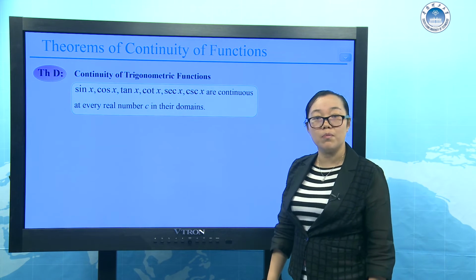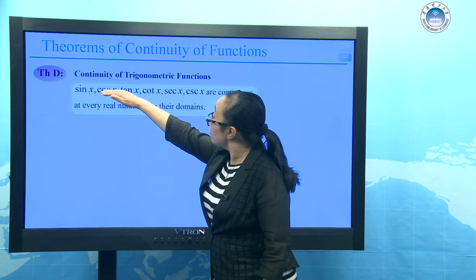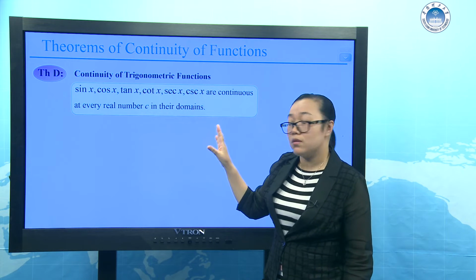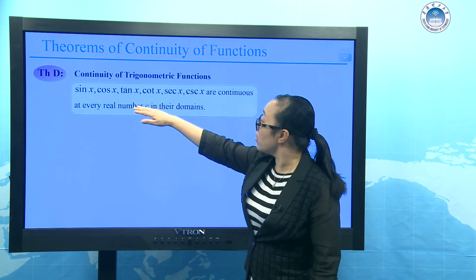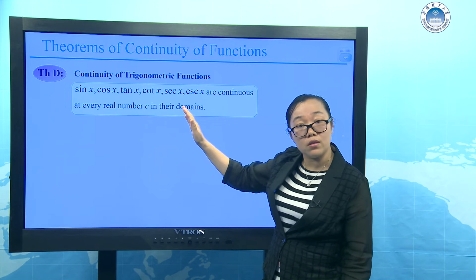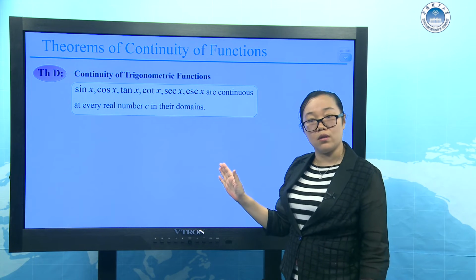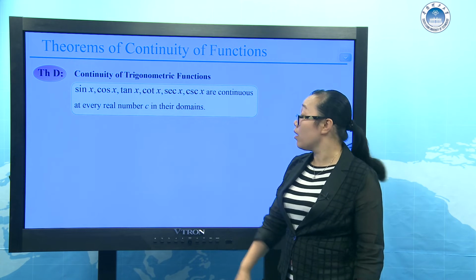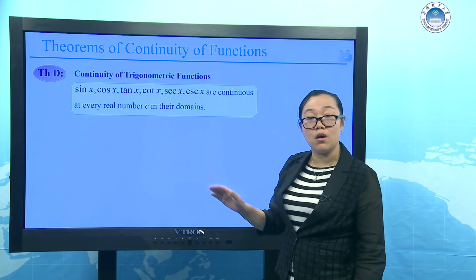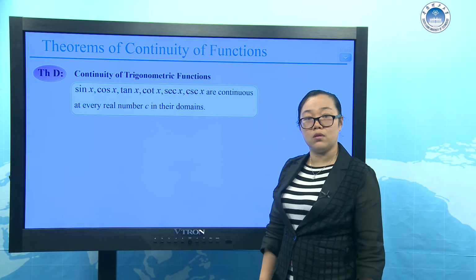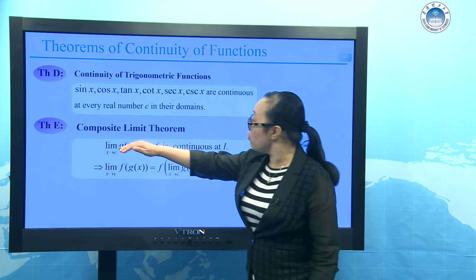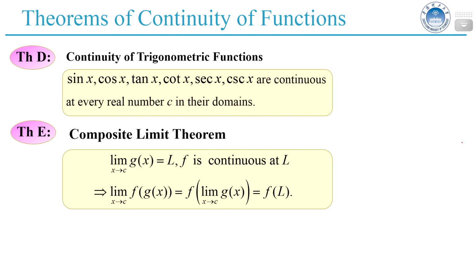Now look at theorem D, continuity of trigonometric functions. sin x, cos x, tan x, cot x, sec x, and csc x are continuous at every real number in their corresponding domains, always continuous. Now look at theorem E, the composite limit theorem.